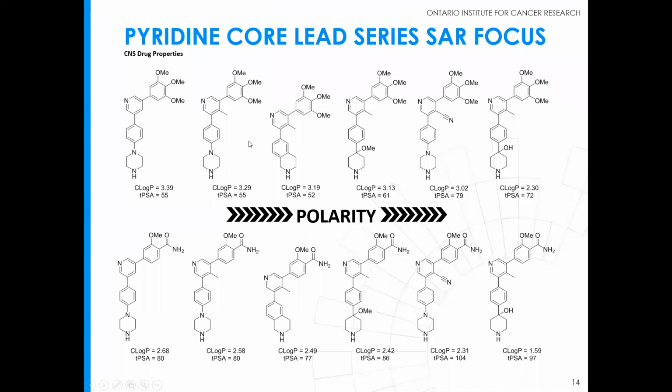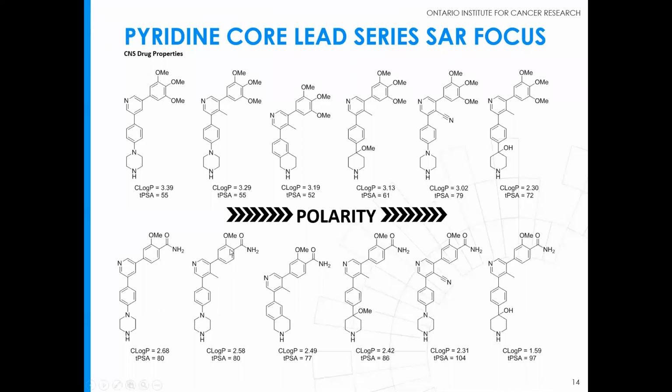So if you look across, I just put some representative examples of that series here to show you how, if we do in fact decrease the log P by introducing, for example, the nitrile, we do increase the PSA. And we have a range of possibilities in terms of the southern substituent, in terms of these substitutions here on these piperidines, as I discussed. So we do have the option of tuning the polar surface area and the log P, should we be interested in looking at some of these compounds in the brain tissue binding.